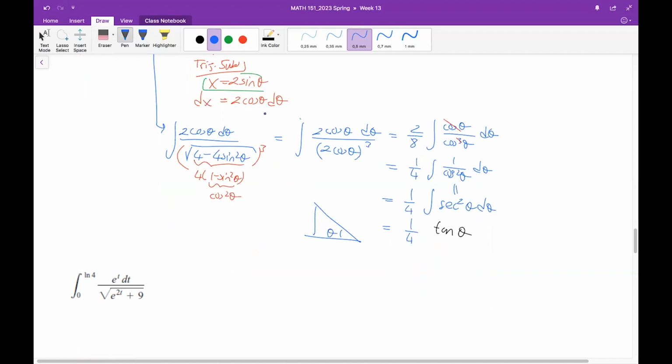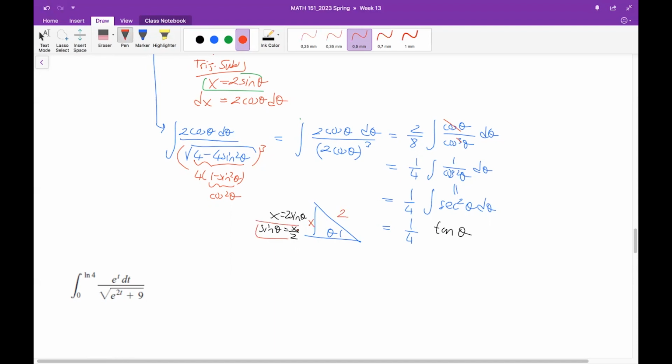So let's say this is theta and let's see what we have here. x equals 2 sine theta. So sine theta is x over 2. How do I draw it? It is opposite edge divided by the hypotenuse, right? So I should put x here, 2 goes to hypotenuse.